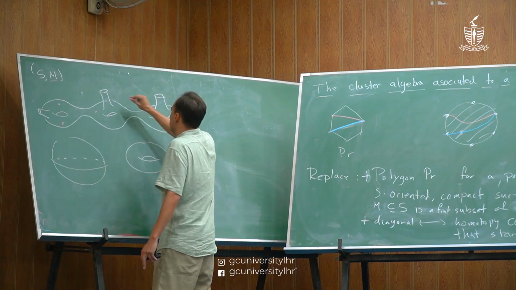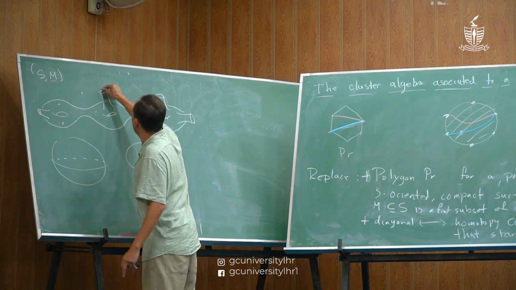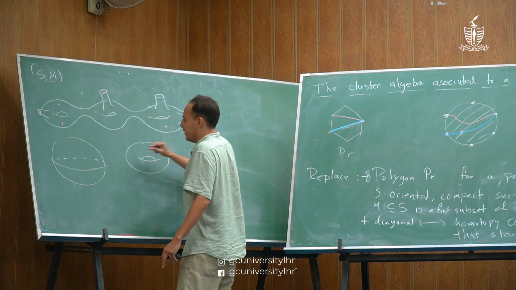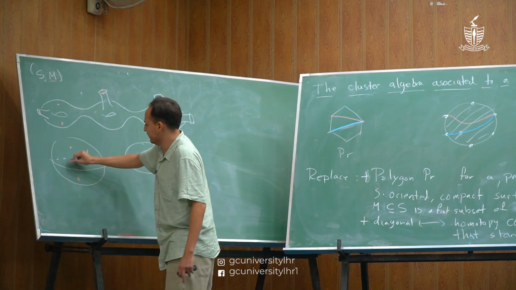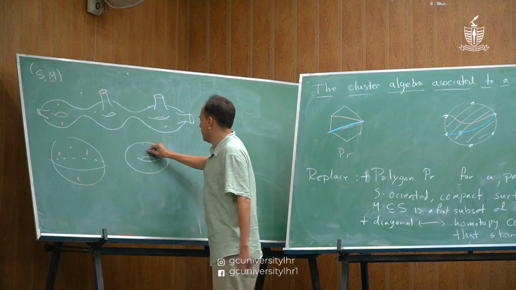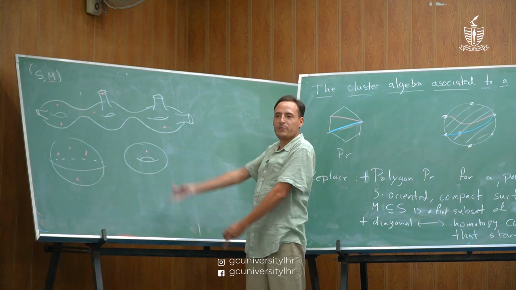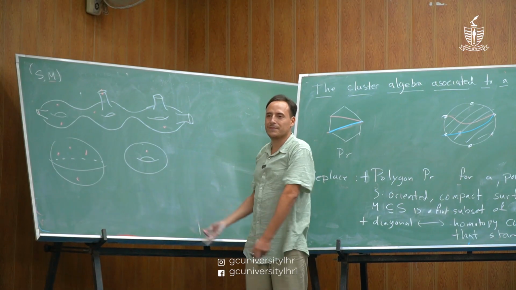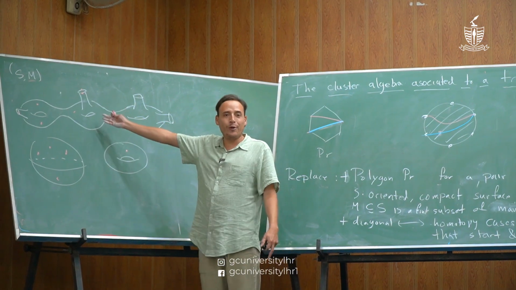It could have many marked points, in the inside or in the boundary component. It could be a torus with a single marked point. So these are the objects I'm talking about. I'm not only talking about polygons, I'm talking about all these kinds of objects.